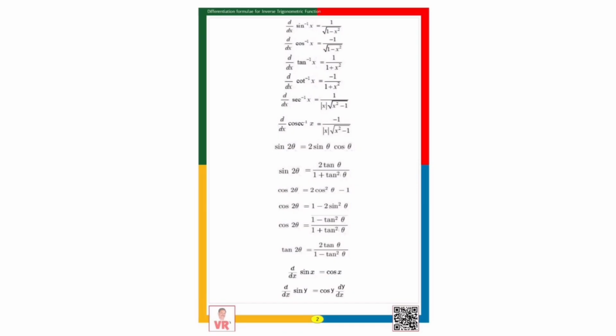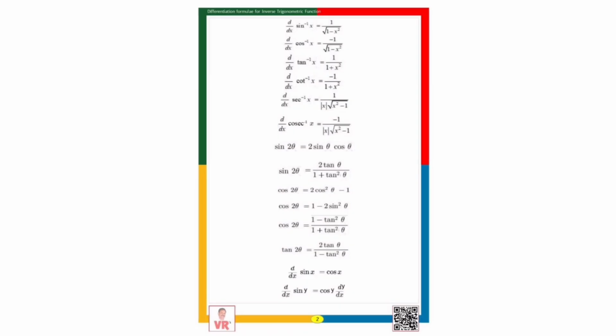Notice, all the formulae above are having root of 1 minus x square. Especially cosecant inverse x is having minus 1 by modulus of x into root of x square minus 1.